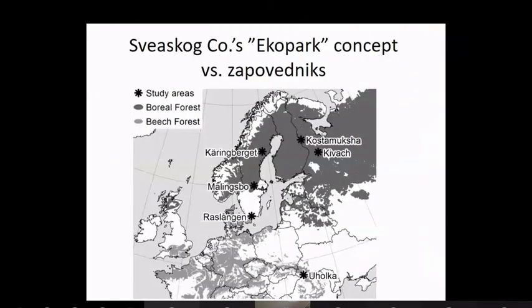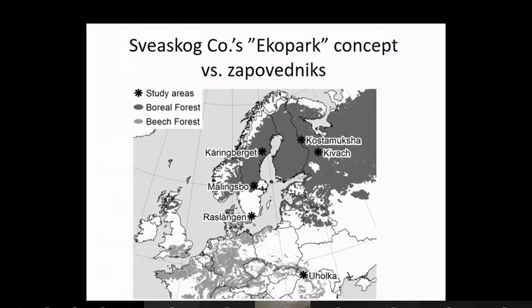When it comes to comparative studies, what we have focused on is this concept called eco-park, which is carried out by the state forest company Sveaskog. There are about 35 areas in Sweden where the idea is to segregate conservation and production, as opposed to the surrounding landscape, where the focus is on producing industrial raw material.